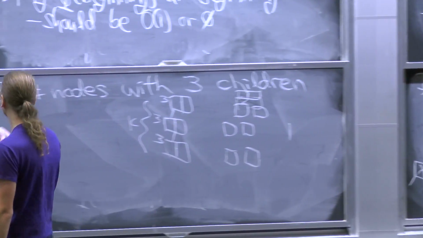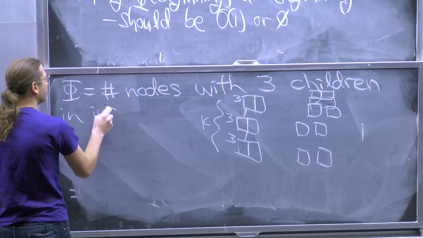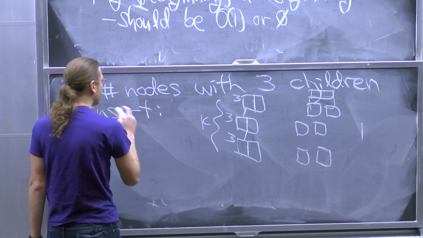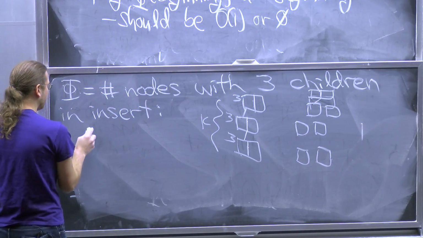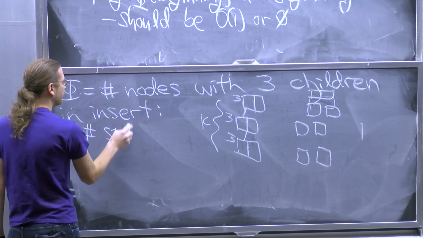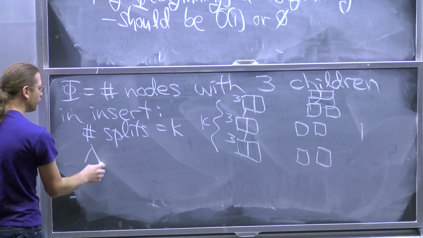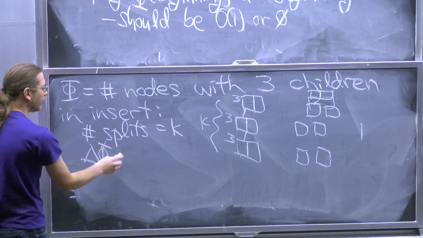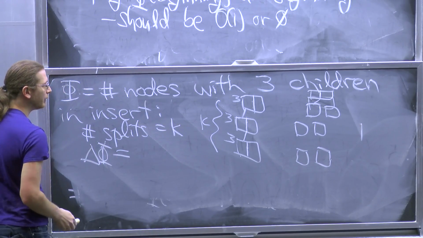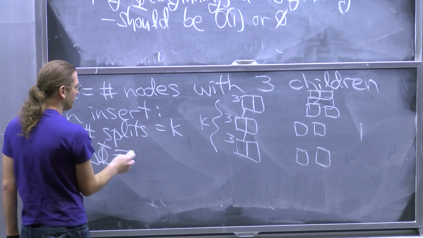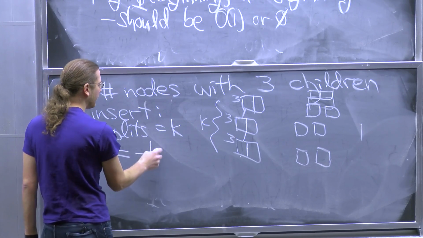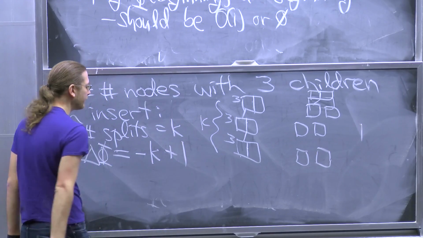So in an insert, let's say the number of splits equals k. Then the change of potential for that operation is minus k plus 1.